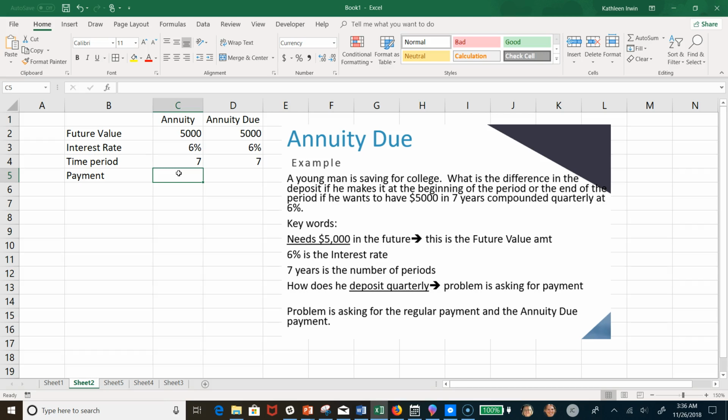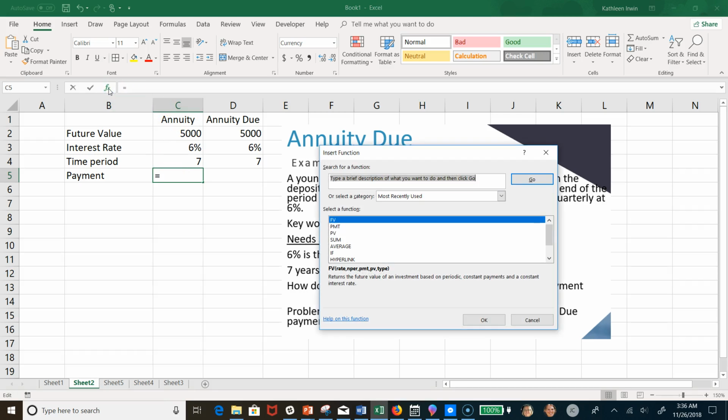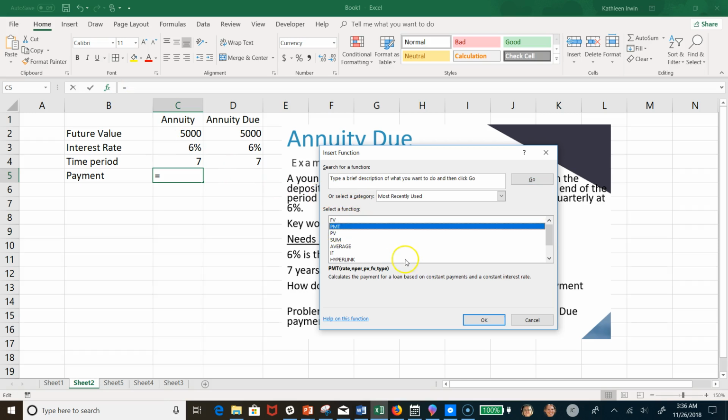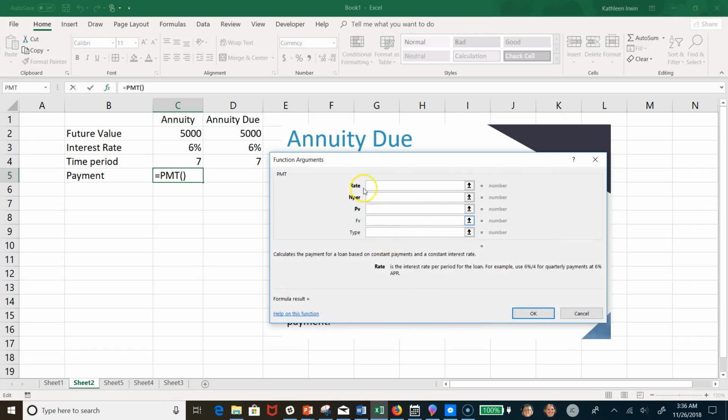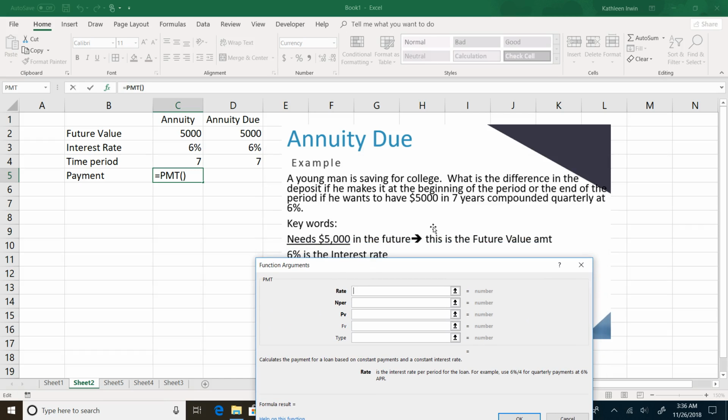So I just want you to take a look at how this plays out as we work this problem. Okay, so we're going to use our function wizard, and we want to find payment again using our function. We're going to have to adjust this time because in this problem we're also compounding quarterly.